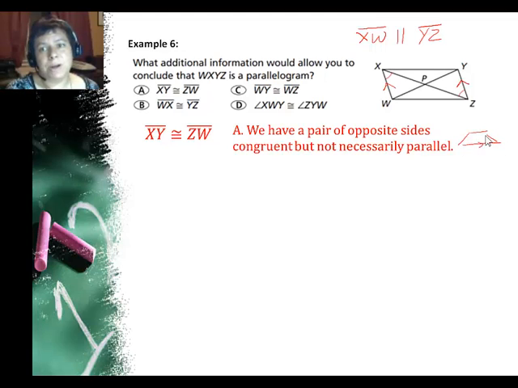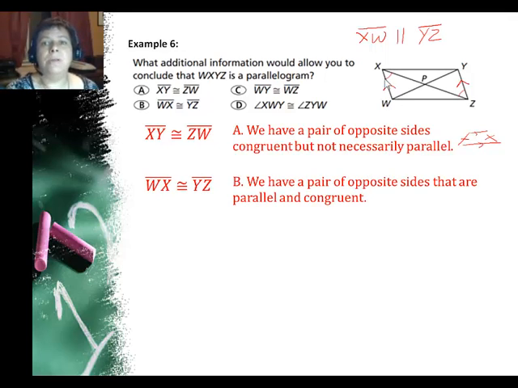See, these are parallel. That would work, but I'm not trying to show it's a trapezoid. I'm trying to show that it's a parallelogram. Let's take a look at B. Well, it's saying that WX is congruent to YZ. Well, that would give us a pair of opposite sides that are parallel and congruent. That looks pretty good based on what we had on the front page, but let's check the rest.